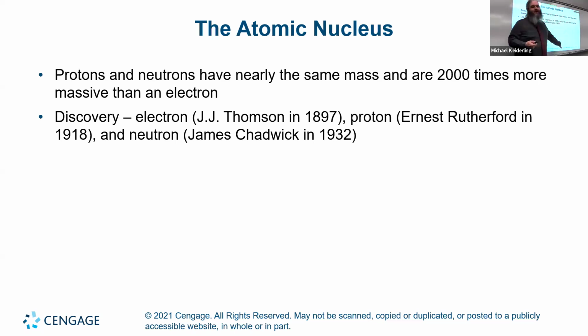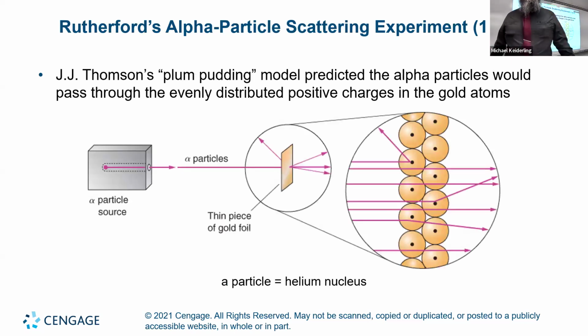So Rutherford discovered the nucleus. J.J. Thomson had proposed this idea. He discovered the electron, and he proposed that the electrons were embedded in a model of the atom called the plum pudding model, where there was a continuous positively charged mass with the electrons dotted throughout it.